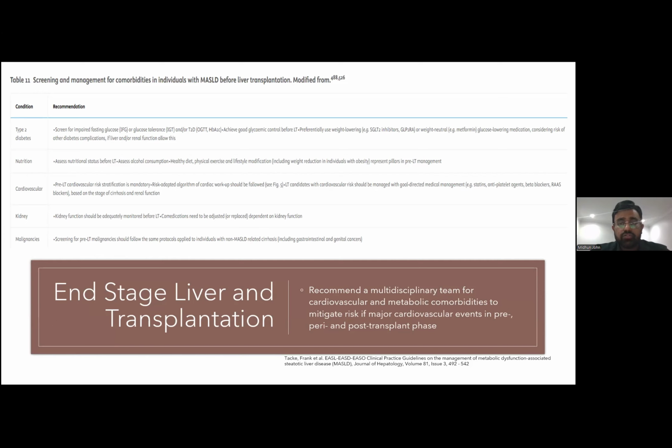This is to make sure that the patient is good pre-transplant, around the time of transplant, and post-transplant. So working hand in hand, this essentially needs to be pushed as much as possible and as close as possible. We need to be treating these comorbidities and risk factors as best as possible.